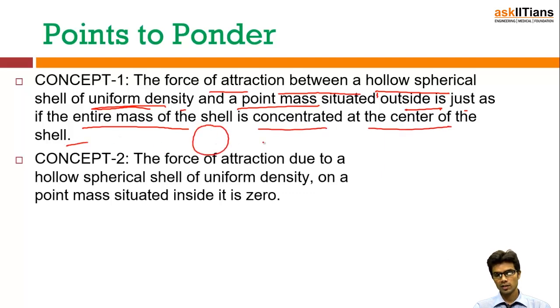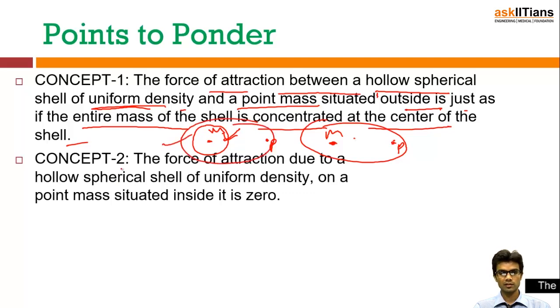This is the shell, the point mass is outside. Now we have to calculate the force. Just replace this as a point mass, and this is P. Now calculate for this and it will give the same result.